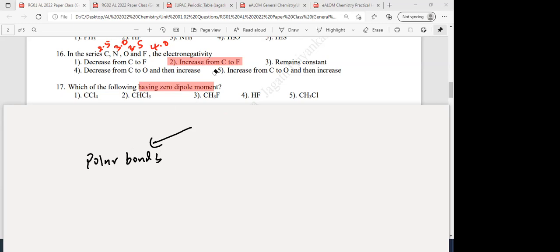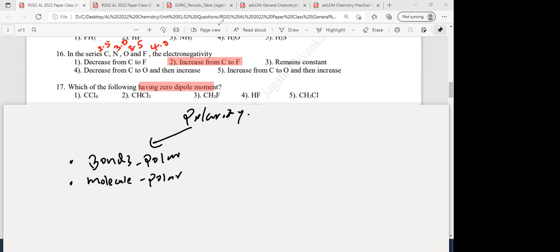I'll tell you this. Polarity: if you take the polarity here, polar bonds, some molecules contain what? Polar bonds. Bonds also polar, molecule also polar.